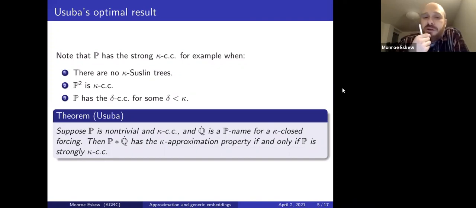Yes, it should be exactly that. If P is strongly Kappa CC, then for every Q, P star Q has the Kappa approximation property. On the other hand, if it's not strongly Kappa CC, then there exists a Q, so you can just set Q equal to the trivial poset. That's a good thing to notice, that Q can be trivial in this theorem statement.